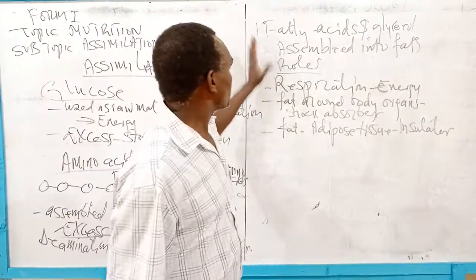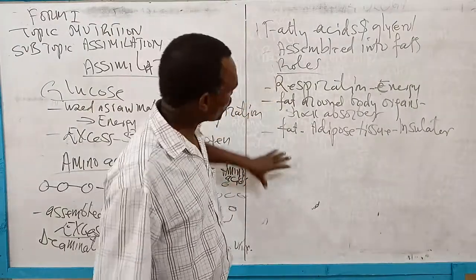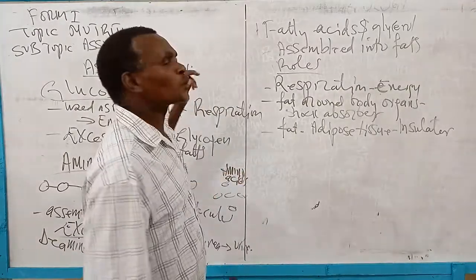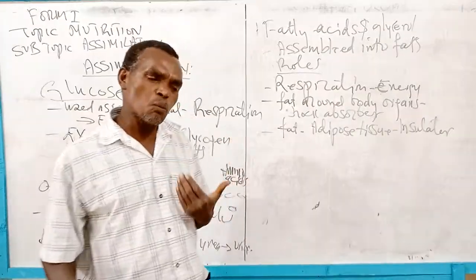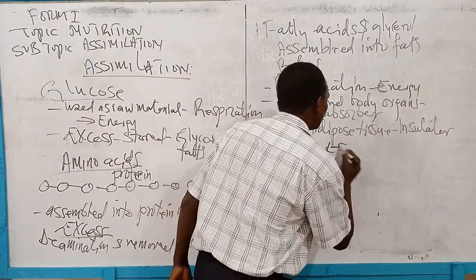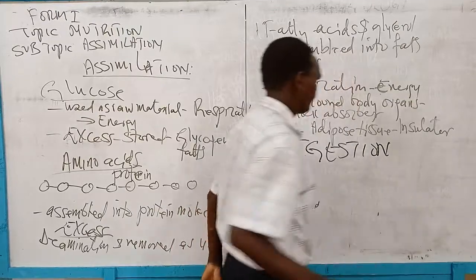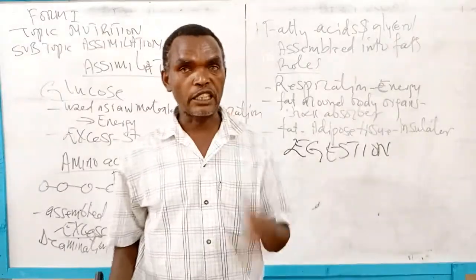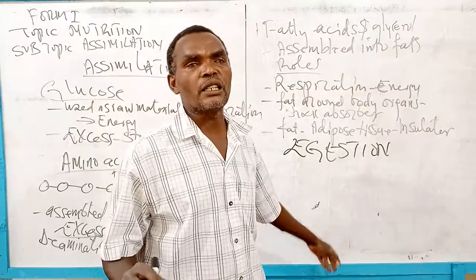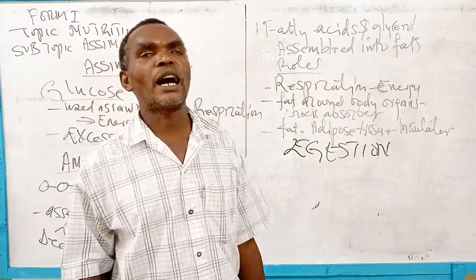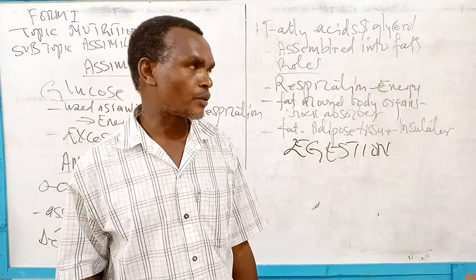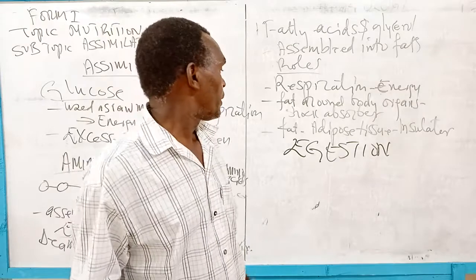After absorption has taken place and assimilation has taken place, what happens? Food that was not absorbed continues moving down the alimentary canal. Remember the diagram that I drew of the alimentary canal and the rectum, where we say undigested food and indigestible food await removal through the anus, through what we call defecation.